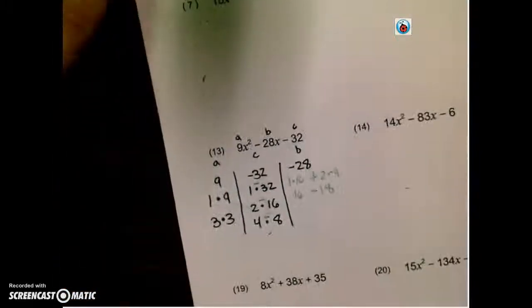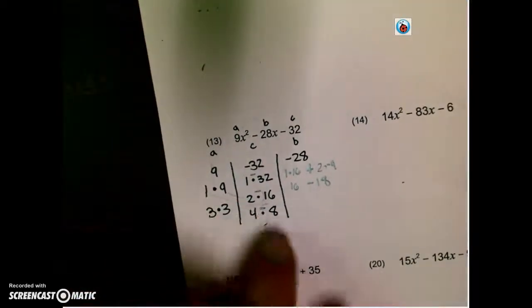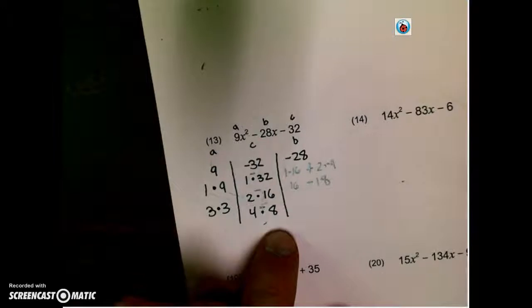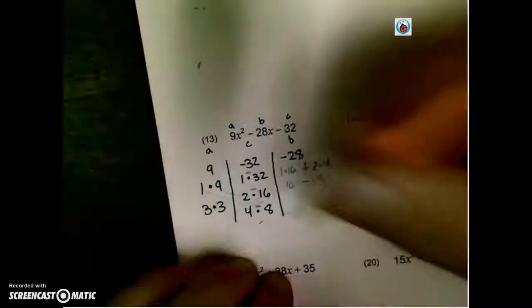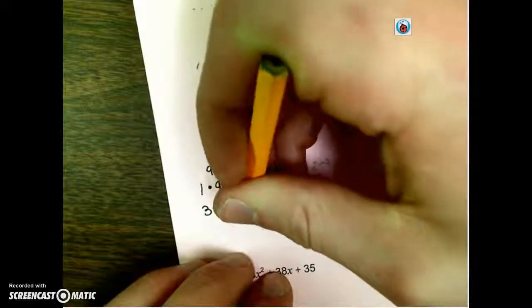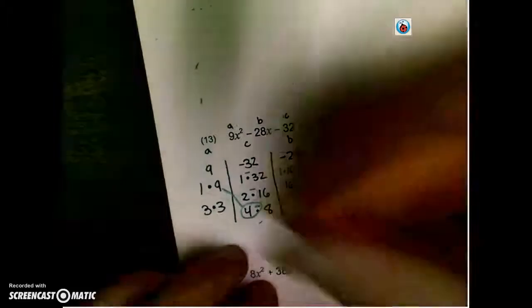Here's what it looks like to find the right combination. If I go 1 and 9, I'm going to use this 4 and the 8. I'm going to do it like this. I'm going to take my 9 and multiply by a negative 4. And I'm going to take the 1 and multiply it by an 8.